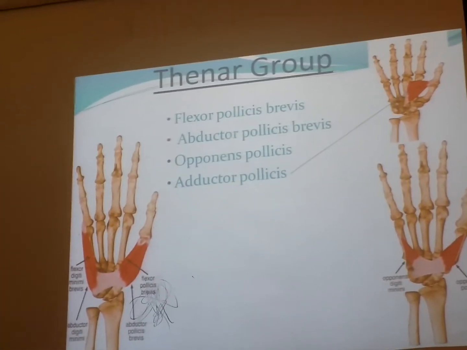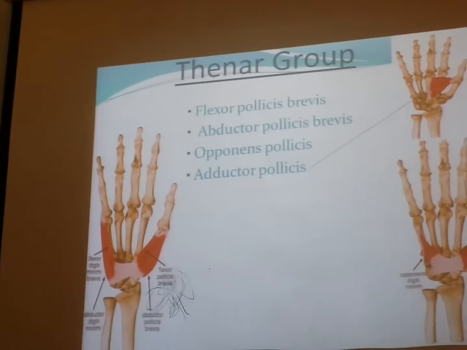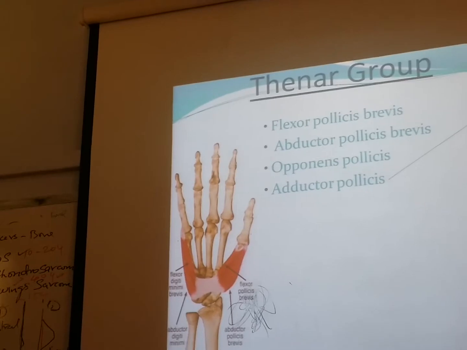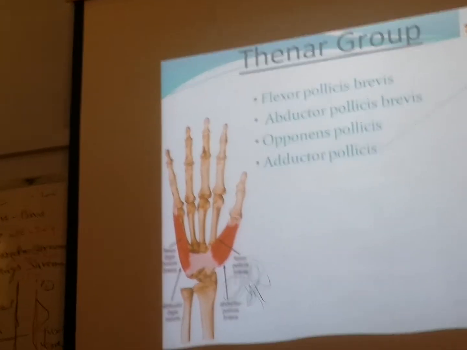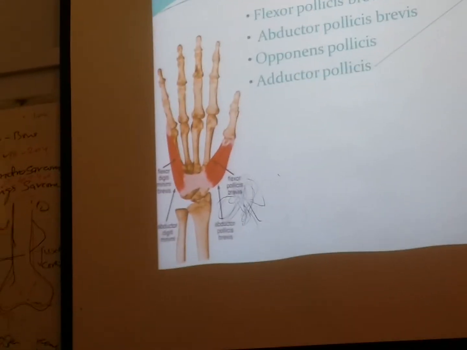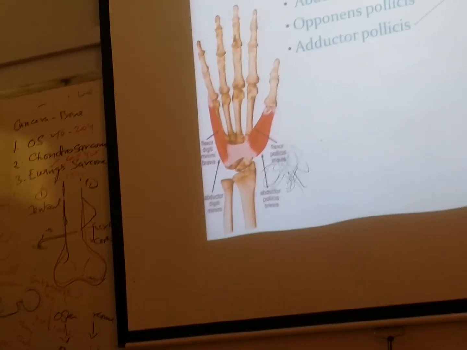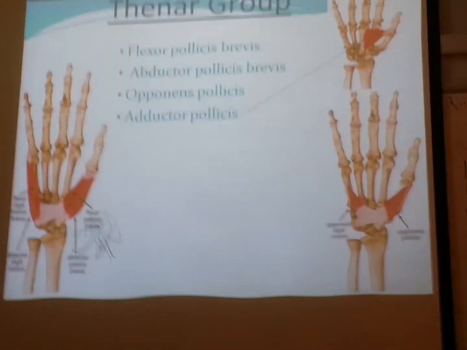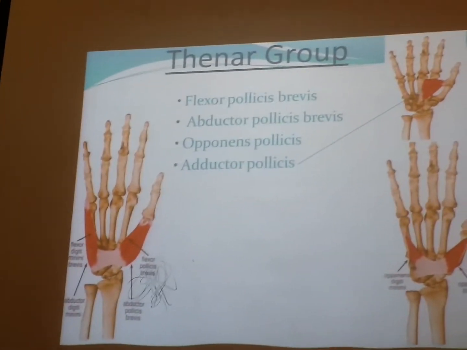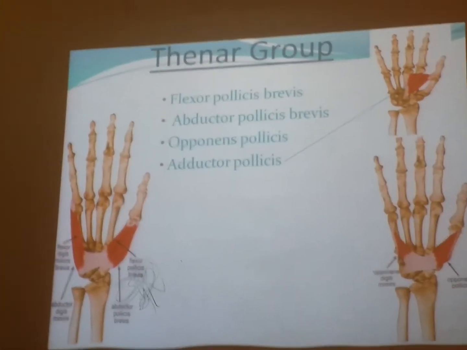So flexor pollicis brevis, a small muscle, because we have flexor pollicis longus, which becomes an extrinsic tendon, right? In the forearm we have that. So that's why here it is brevis. Next is abductor pollicis brevis. Again you have abductor pollicis longus coming from the back of the forearm.